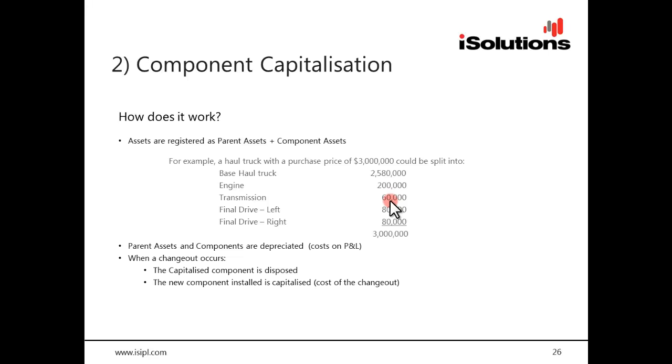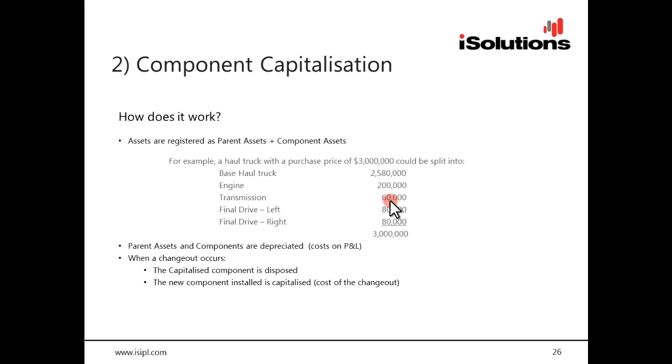You reverse its cost, you reverse its accumulated depreciation, you record a profit or loss on the disposal of that asset, and then the cost of the new transmission that you put into the truck gets capitalized as a new asset, and then with its own depreciation schedule moving forward. So it's a very different approach.